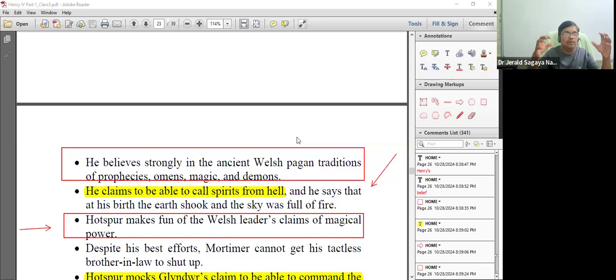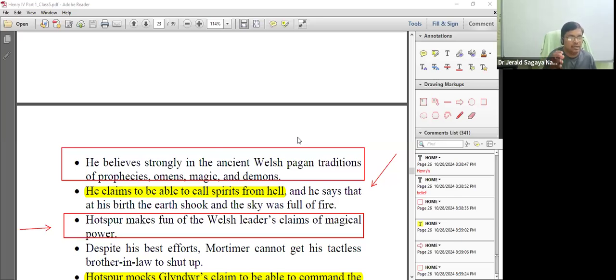While talking to his allied forces, he tells them that he would be able to call the spirits from hell and strengthen the army. He says, I have certain powers. He also speaks about his birth: when I was born, the earth shook and the sky was full of fire.